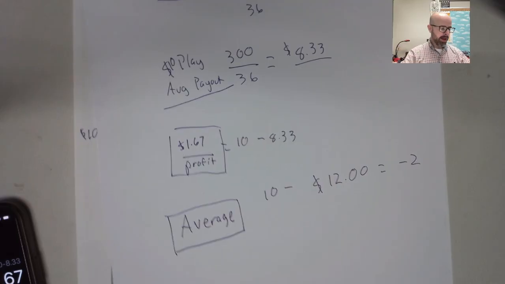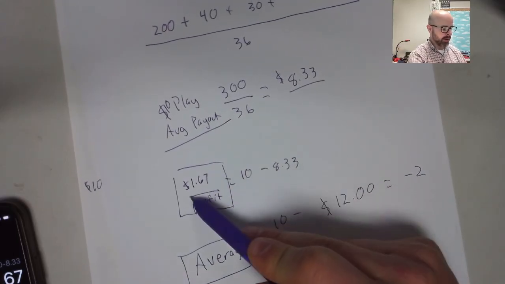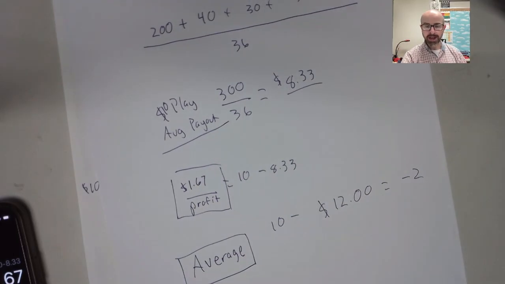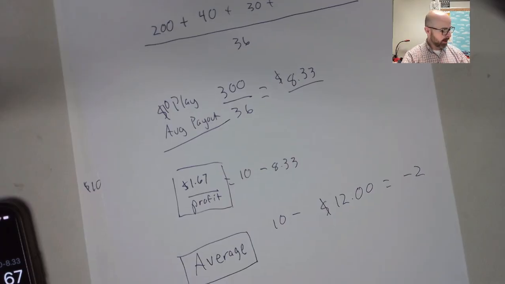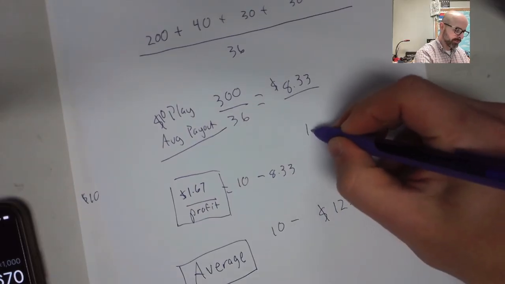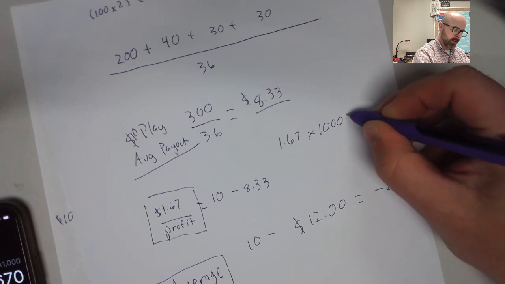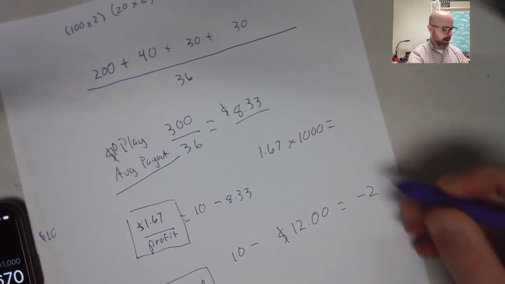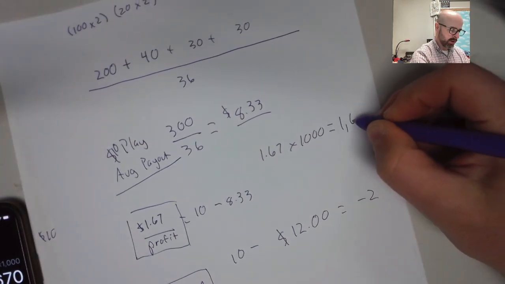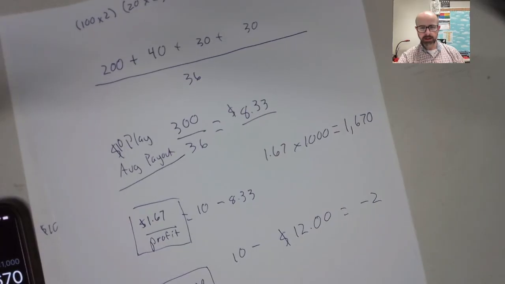And so if my average profit is $1.67 per game, and we play 1,000 games, then I can expect those 1,000 games to earn me $1,670.